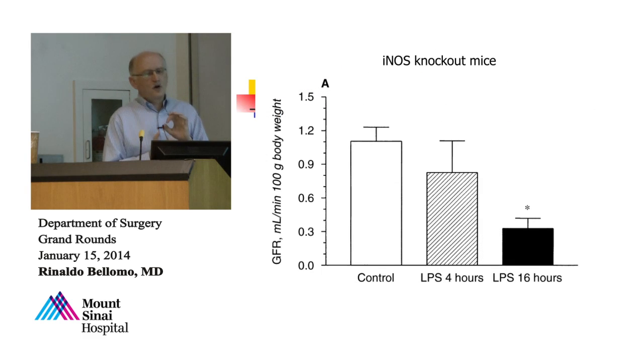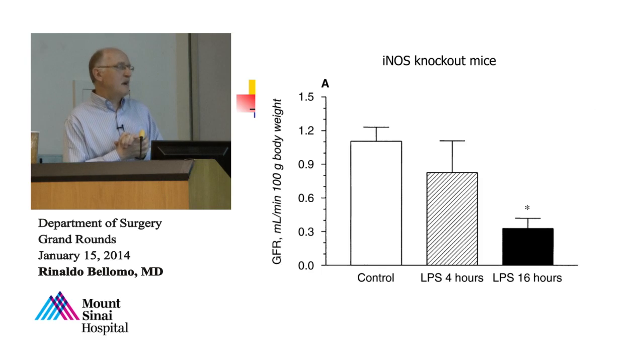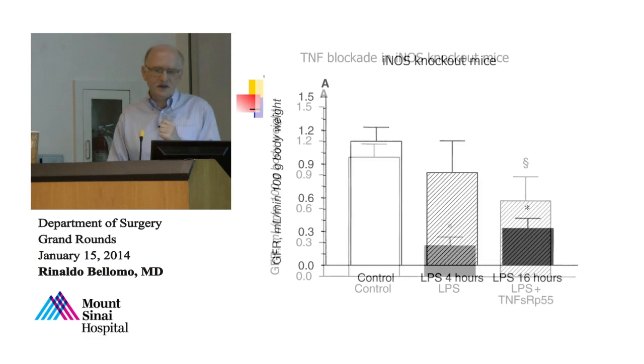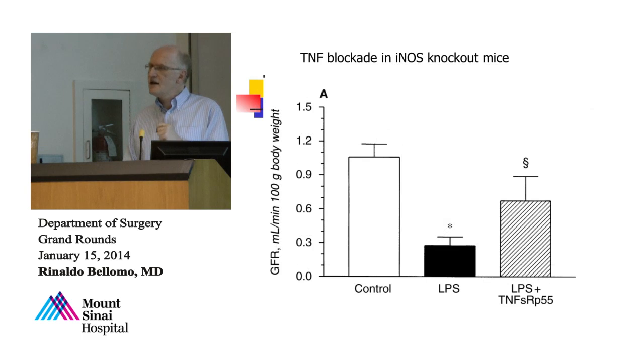If you remove the ability of the mouse to produce nitric oxide, that doesn't do the trick. So it's something much more complicated. It's something that relates to other pathways of inflammation that are involved in the process of sepsis.